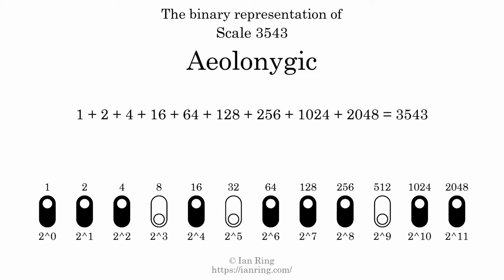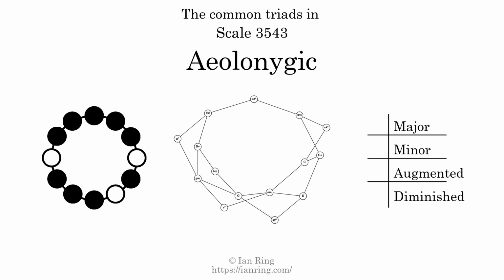That is why the scale number, in decimal, is 3543. The scale number not only enumerates the scale with a unique index, but it also literally describes the tonal content of the scale. Represented as a binary number in base 2, the scale number is 110111010111. Here are the common triads present in this scale.